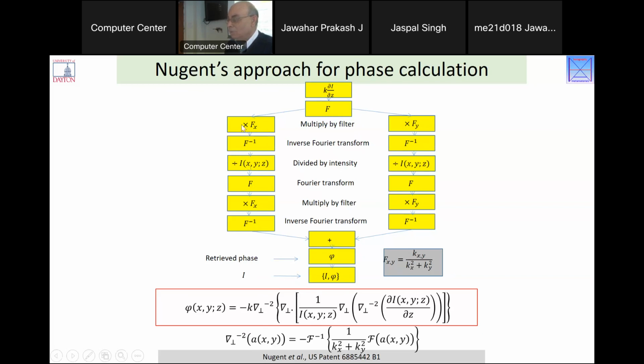So you have done one part, which depends on kx divided by kx squared plus ky squared. Do the same thing for ky, then add the two together, and then you have the phi. Are you okay? And this works, by the way. Anytime you use this transport of intensity equation for approximately constant or slowly varying intensity, this works.